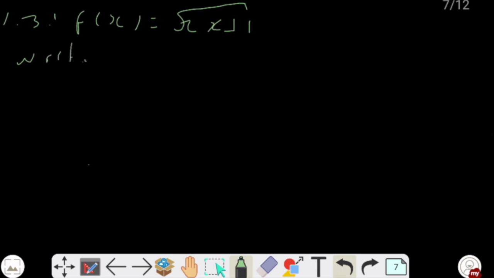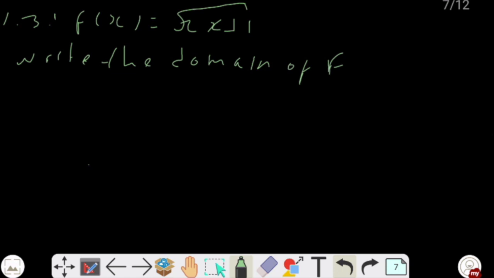Alright, let's move on to question 1.3.1, of which you are given f of x equals square root of 2x plus 1, and then the question says write the domain of f.